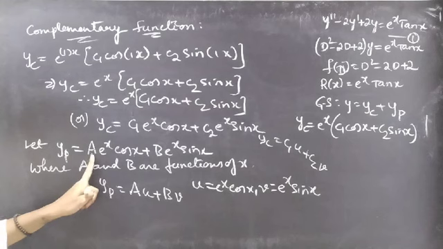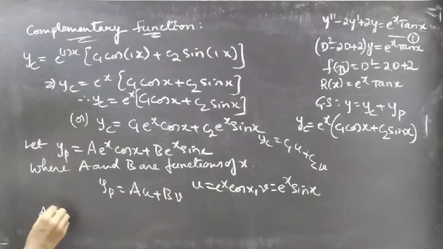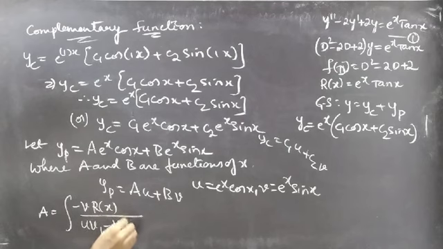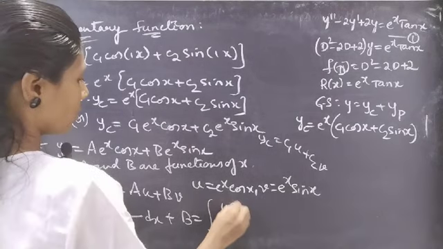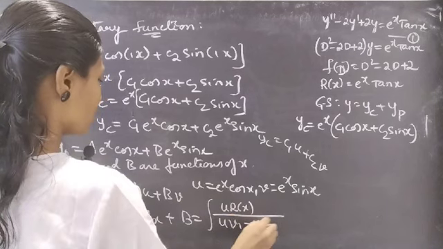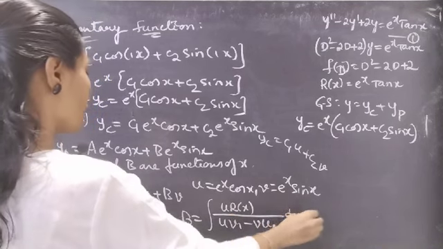So here we have to find a and b using formulae. A equal to integral minus v into r of x by uv1 minus vu1 into dx, and b equal to integral u into r of x by uv1 minus vu1 into dx.